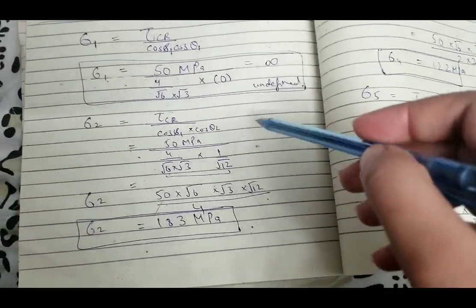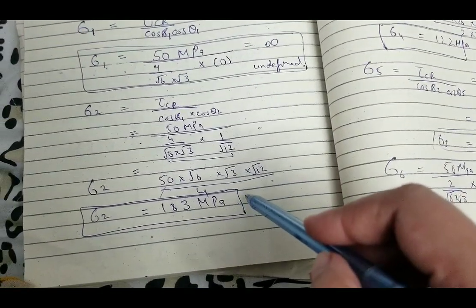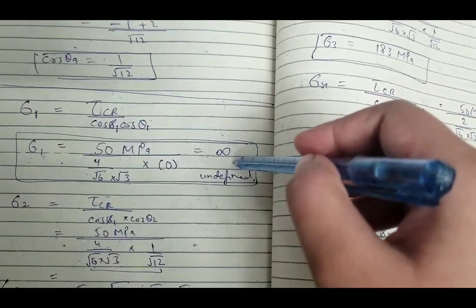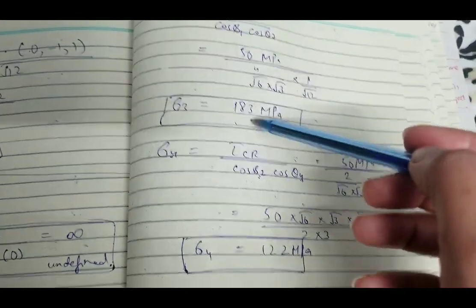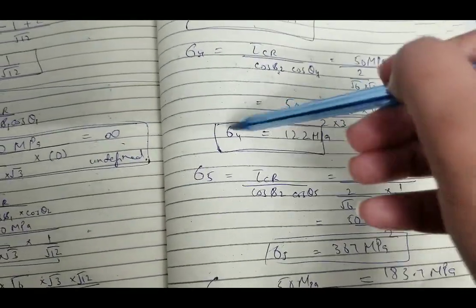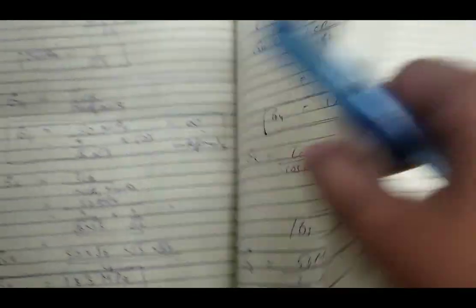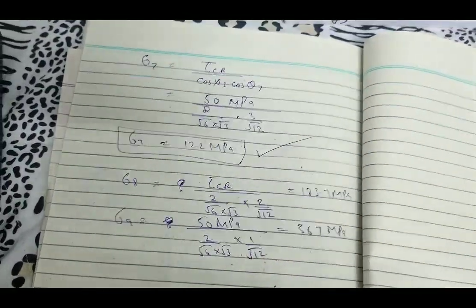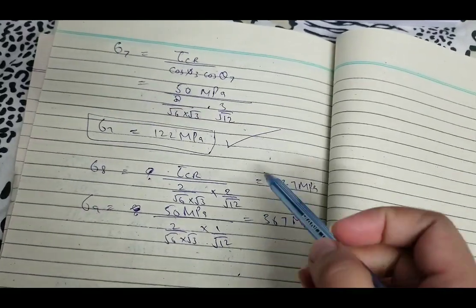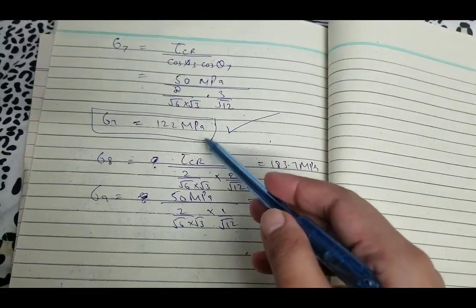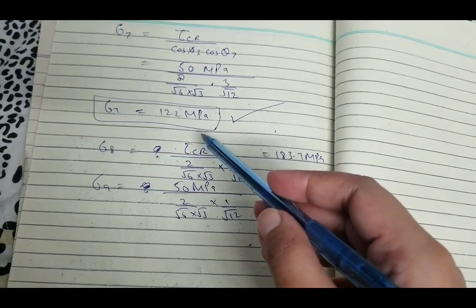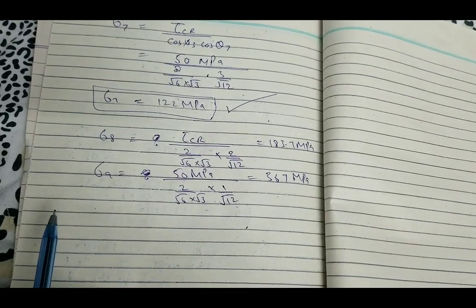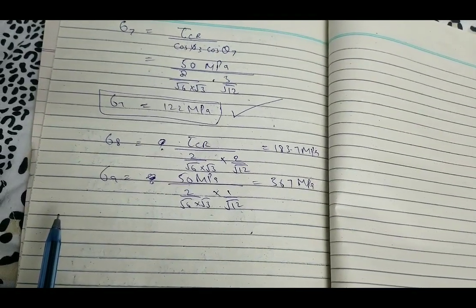The minimum value is not 183 megapascal. Infinite is a very large value, so it's not included. We got 183, 122 for sigma 4, and 122 again. All of the other values are greater than 122 megapascal. This 122 megapascal is the least value, and hence sigma 4 and sigma 7 correspond to slip systems that will go into initial deformation.